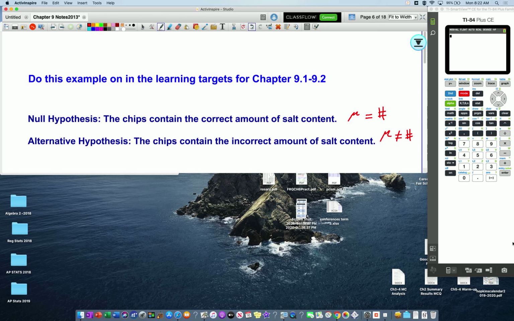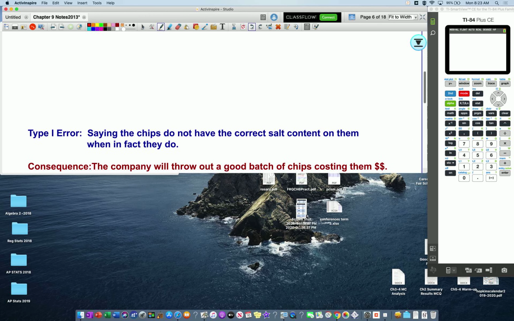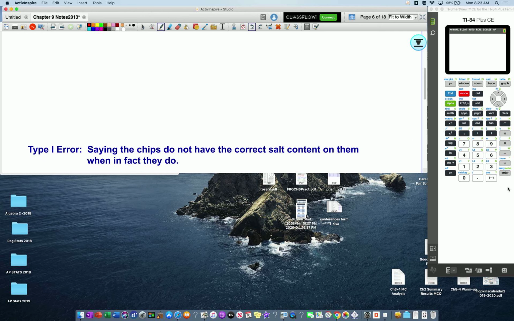So let's think about the type 1 and type 2 error in this particular case. The type 1 error is basically we're rejecting the null hypothesis. So we're saying the chips do not have the correct salt content on them, when in fact they actually do.